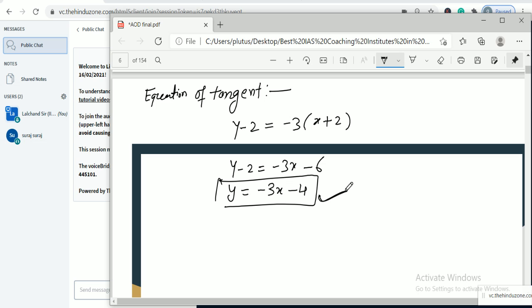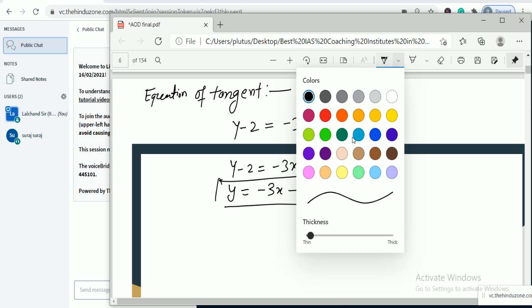Okay. Are you following up to this? How to find out the equation of tangent? So can you find out the equation of normal? Try. No? Okay, so tell me, what is the slope of normal?